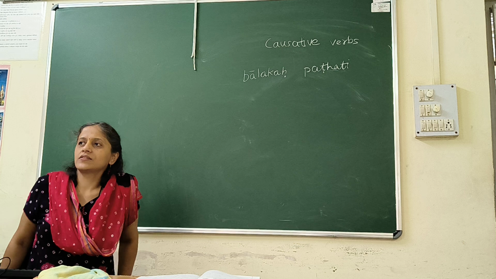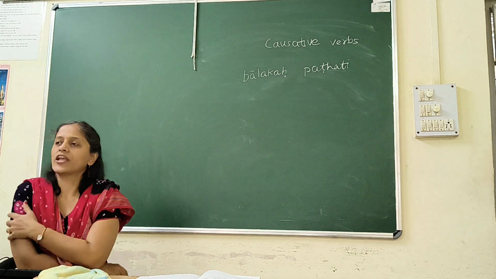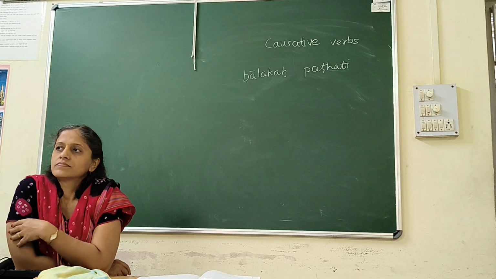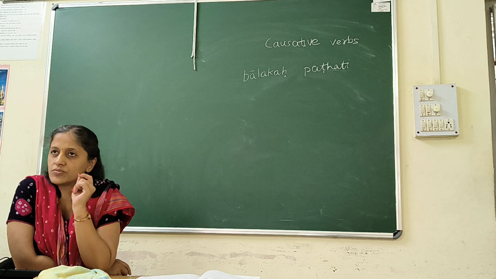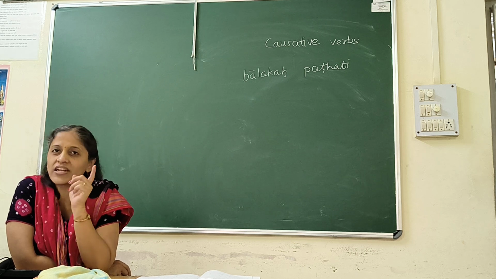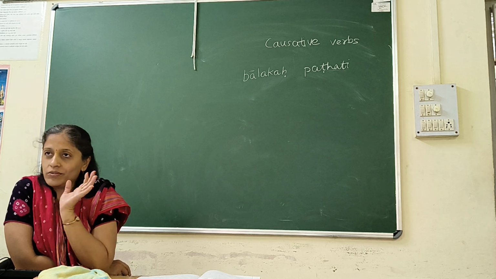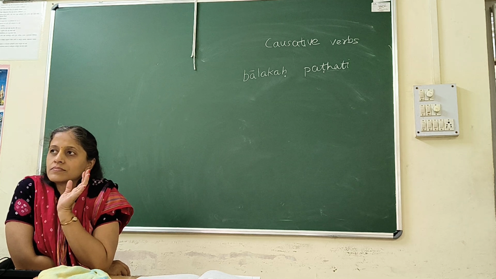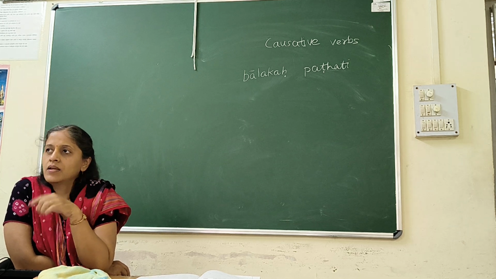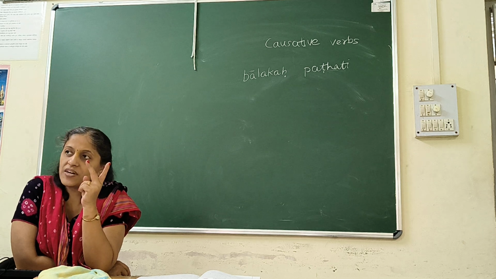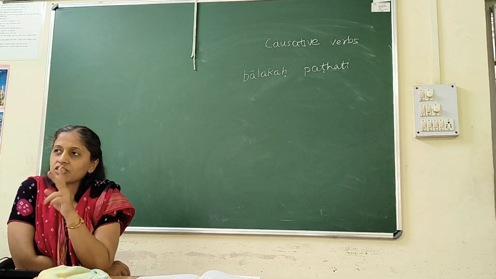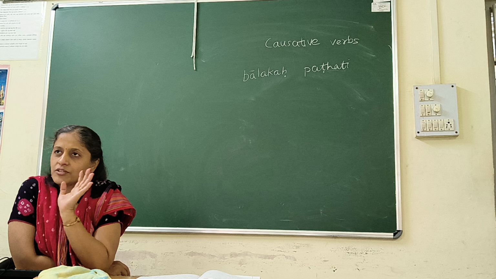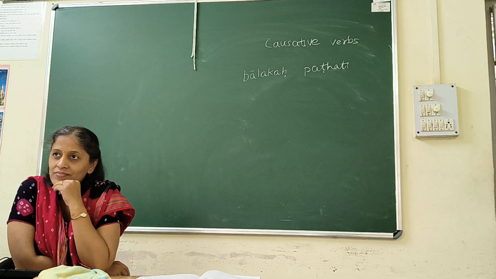So which action is this? Reading. Okay, who is doing that action? Balaka. The boy, the child is doing that action on its own. Balakaha pathati. One action, one person who does that action, and the action is done by that person. Only that much is conveyed by this sentence.